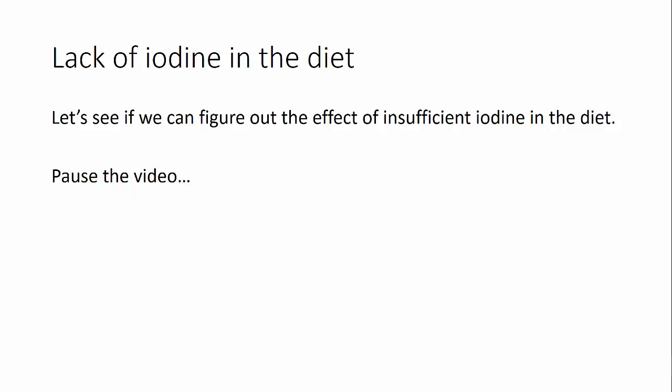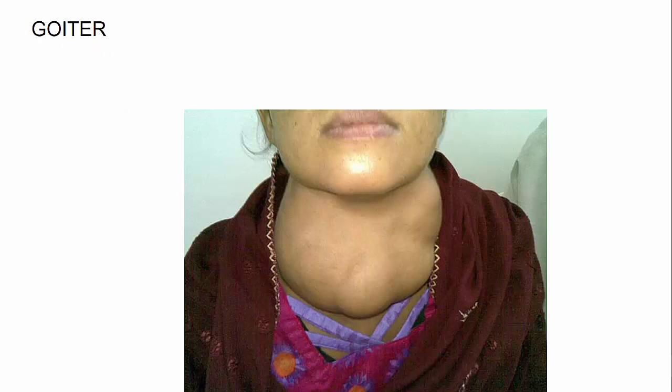Low levels of thyroid hormone would cause the TSH levels to rise. Since there's insufficient iodine, no T3, T4 can be made, so the TSH levels would remain very high over a long period of time. This would cause growth and enlargement of the gland, but no release of thyroid hormone. This is called thyroid goiter, and you can see an example of that in this picture.